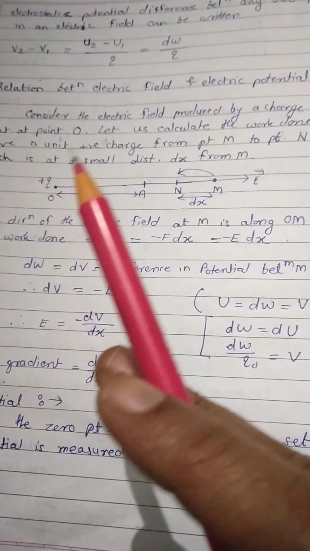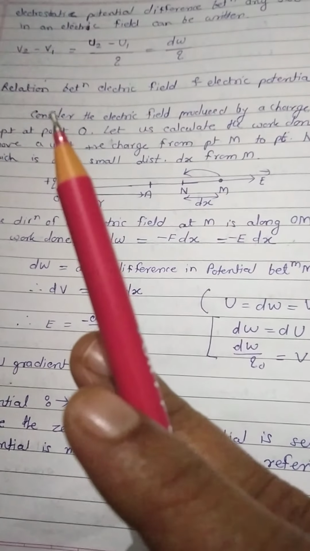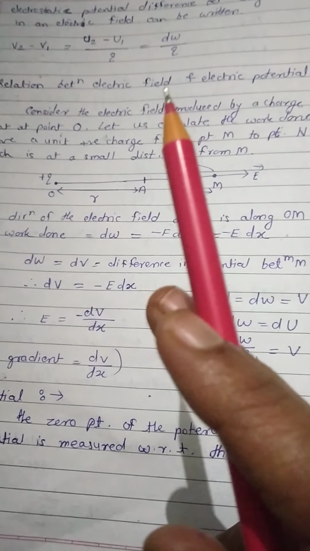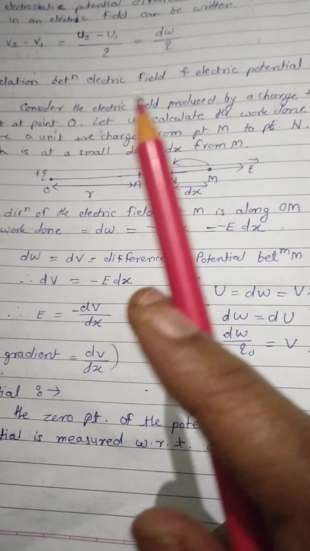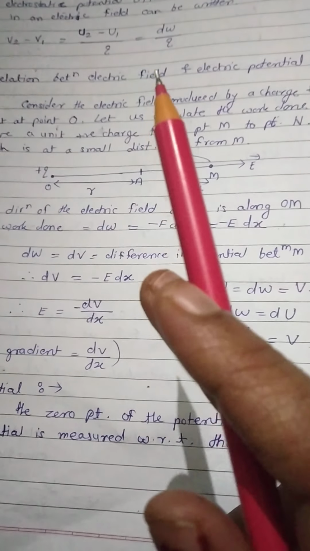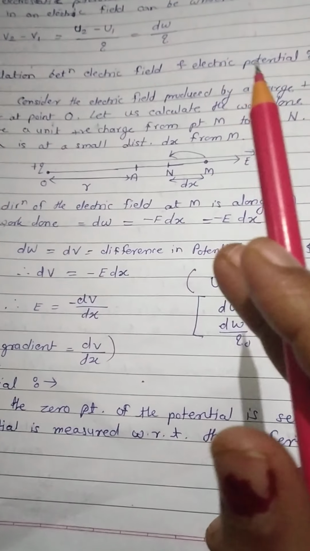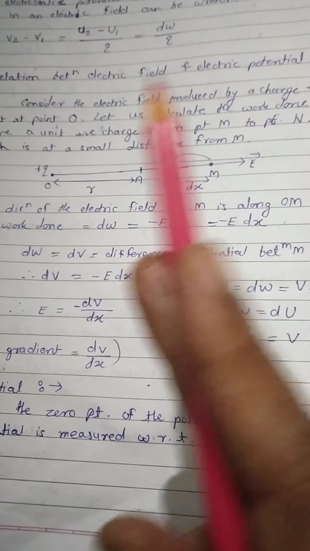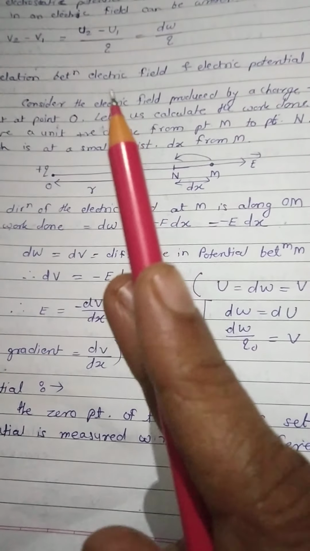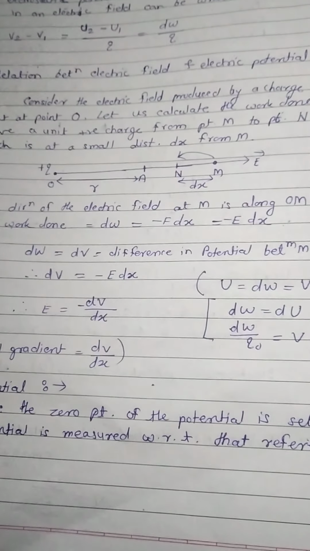So our next point is the relation between electric field and electric potential. Electric field is E and electric potential is V. So what is the relation between E and V? Now let us see.